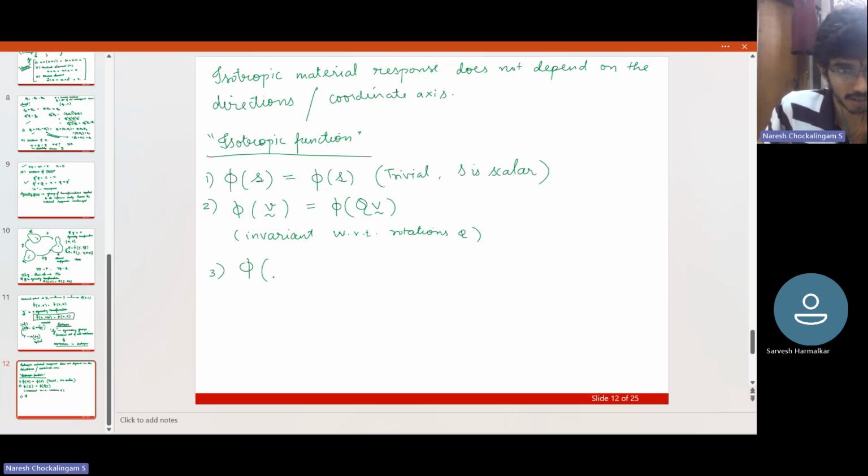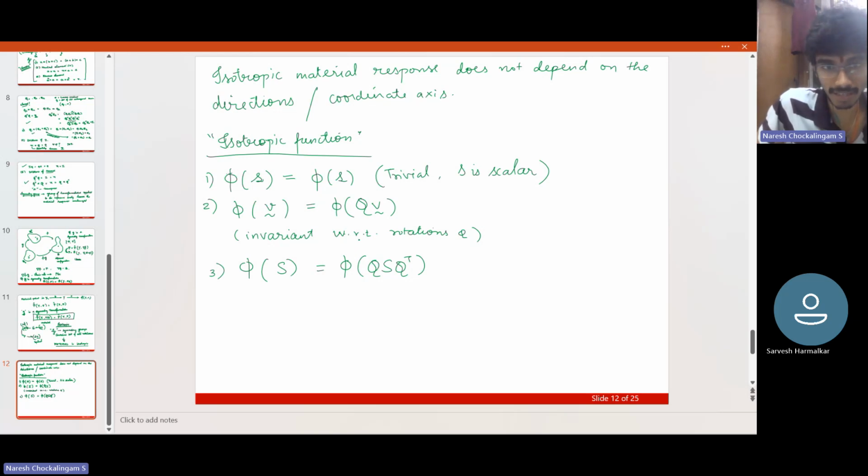An isotropic function of a tensor, suppose S is a tensor, then no matter what orthogonal transformations we do to the tensor, it has to return the same. So for an isotropic material point, the entire set of rotations constitutes the material symmetry group, which means if we apply any rotations onto the material point, the resulting response should not change.